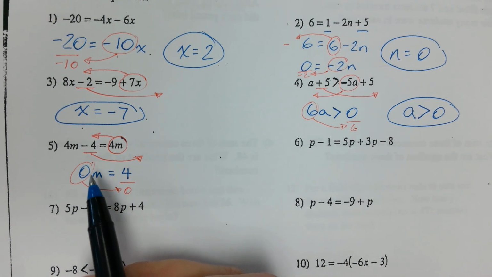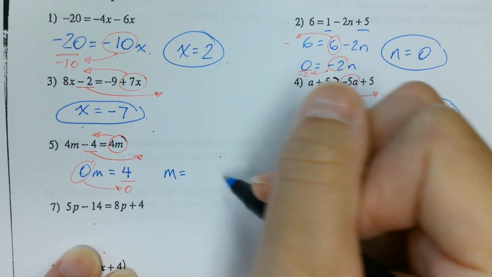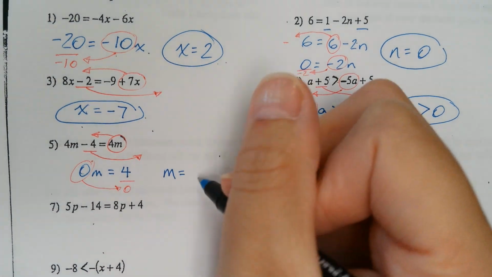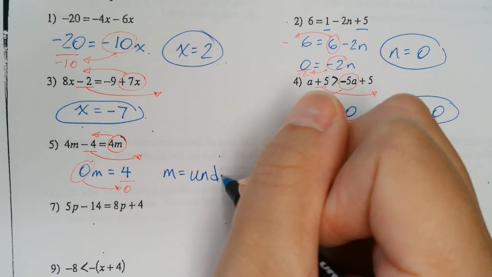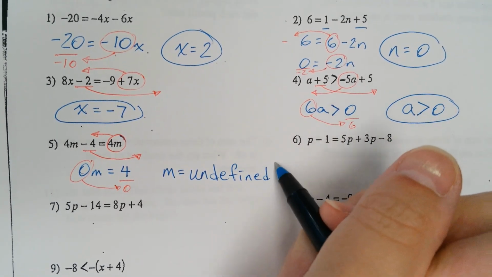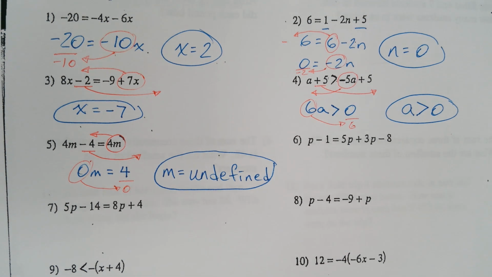Nothing, right? 0 times anything is 0. It will never give you 4. So m equals, we have a fancier name other than error. Undefined, right? Error just sounds too elementary school. So now in high school, we use undefined. So it doesn't exist.